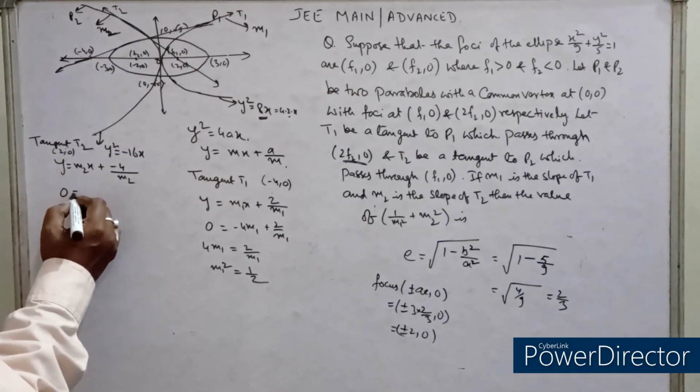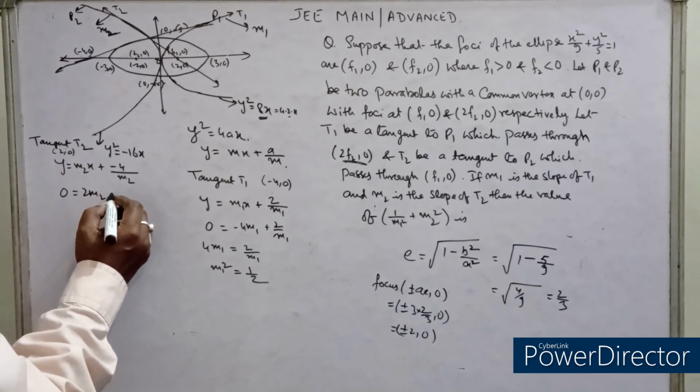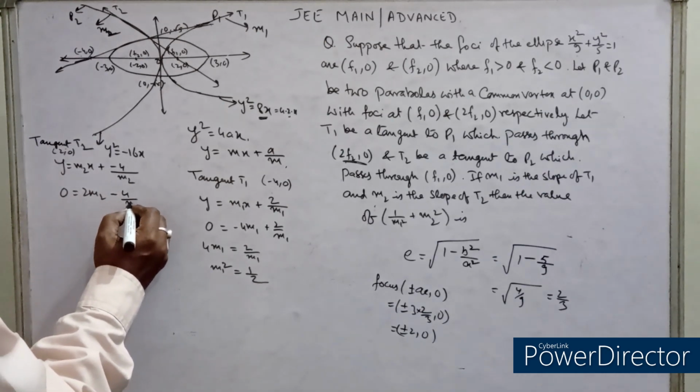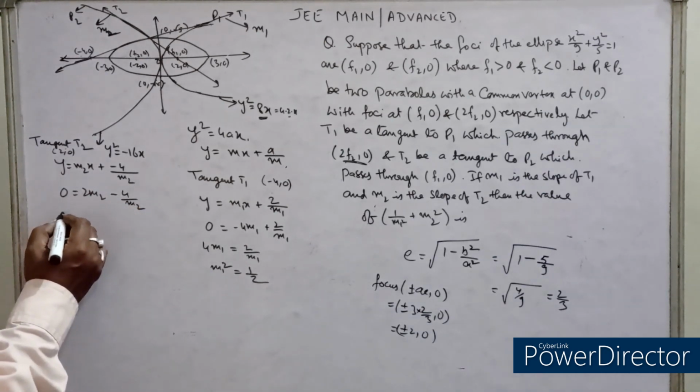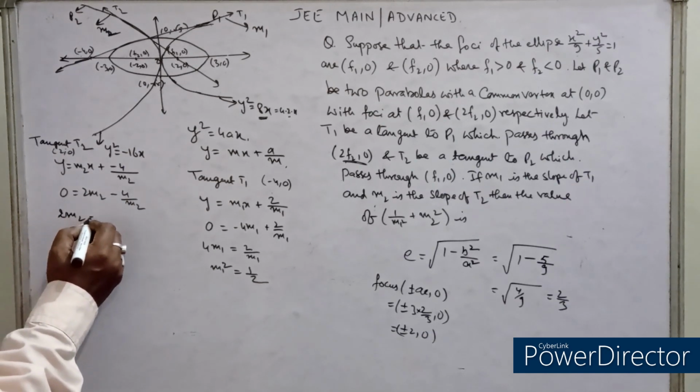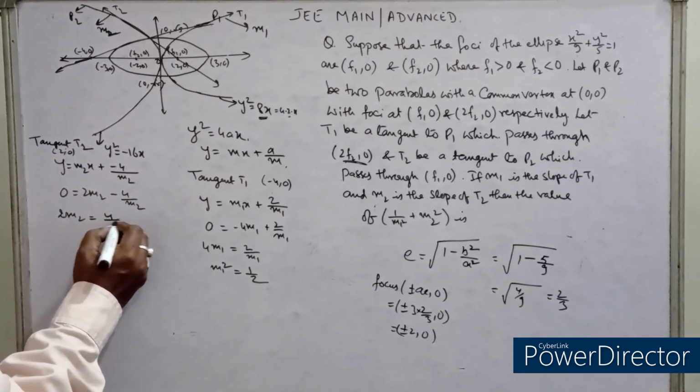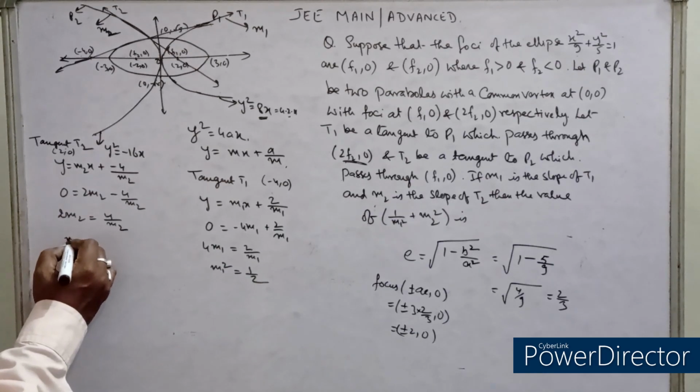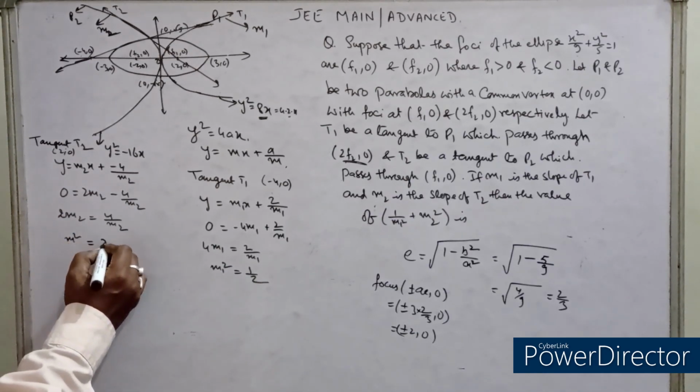So 0 is equal to 2 m2 minus 4 by m2. So this will be 2 m2 is equal to 4 by m2. So your m2 square will be 2.